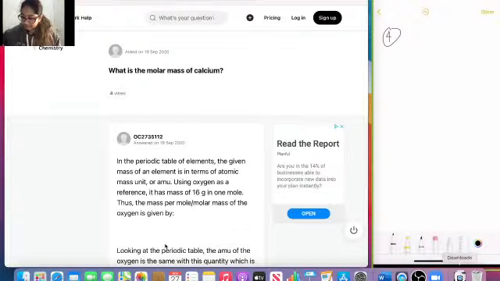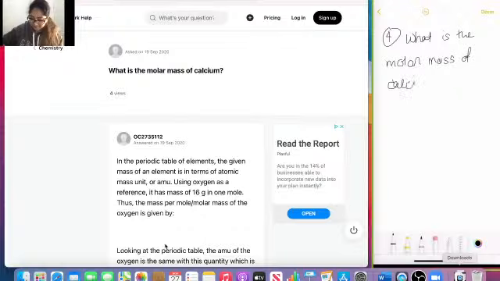Okay, our next question says, what is the molar mass of calcium? In order to find the molar mass, I'm denoting MM as the molar mass.